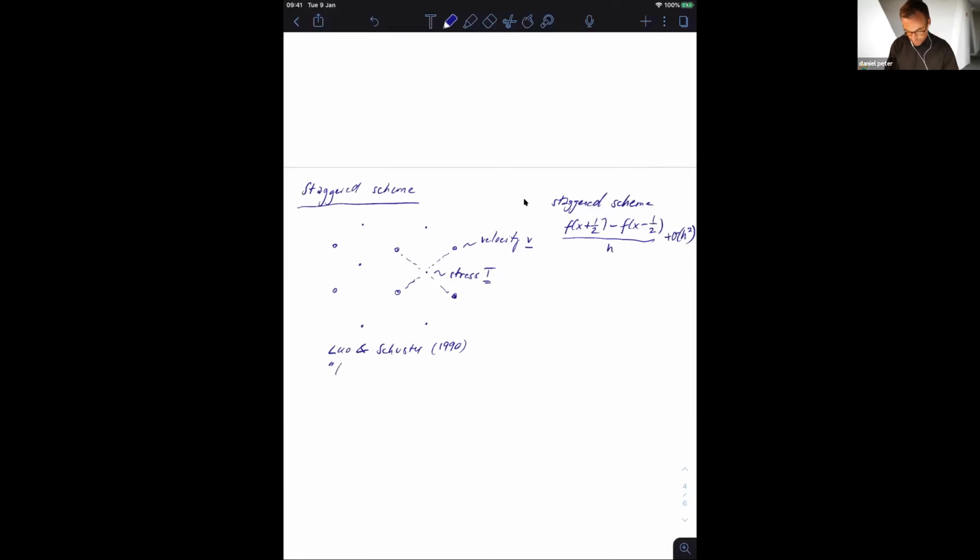It's called Parsimonious Staggered Grid Finite Differencing for the Wave Equation.